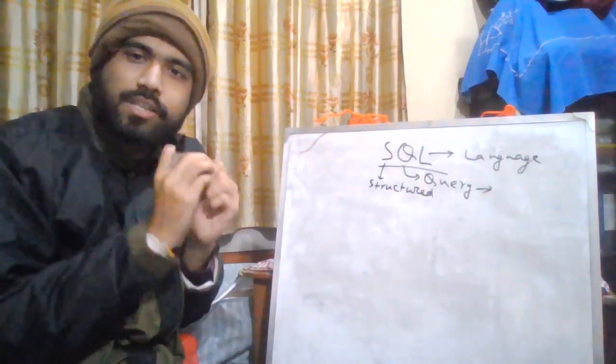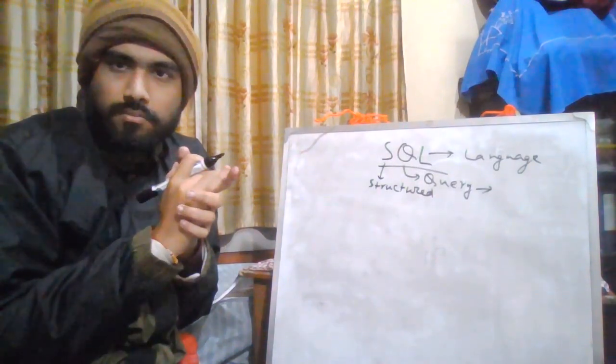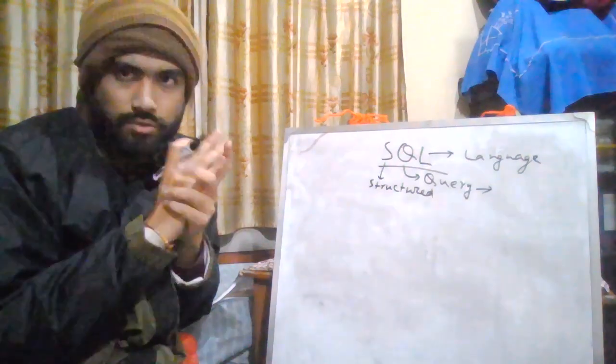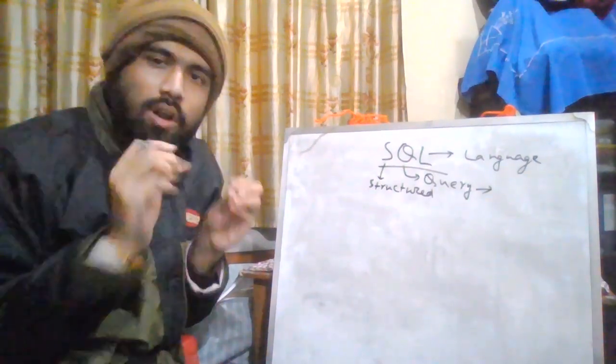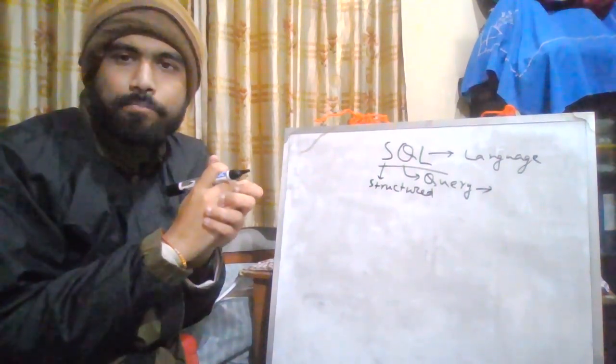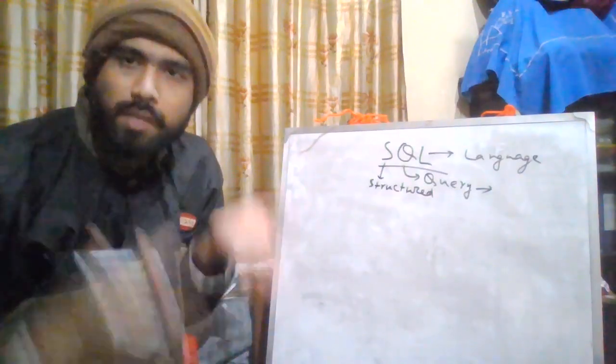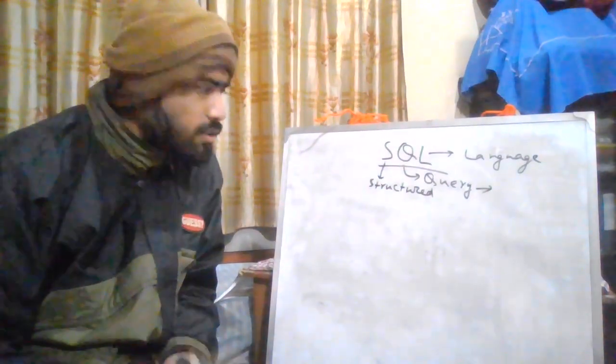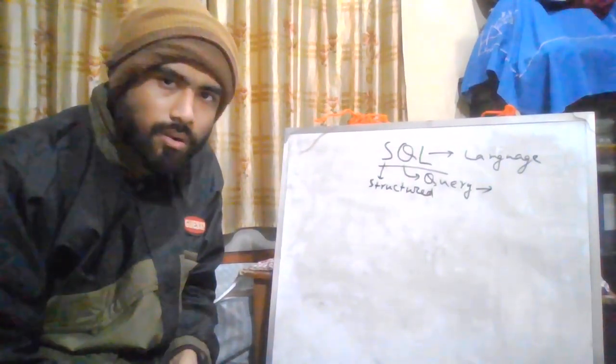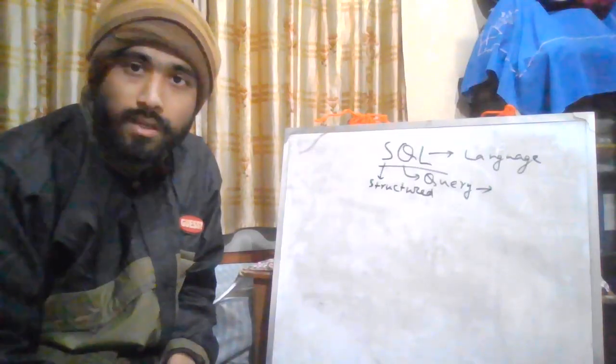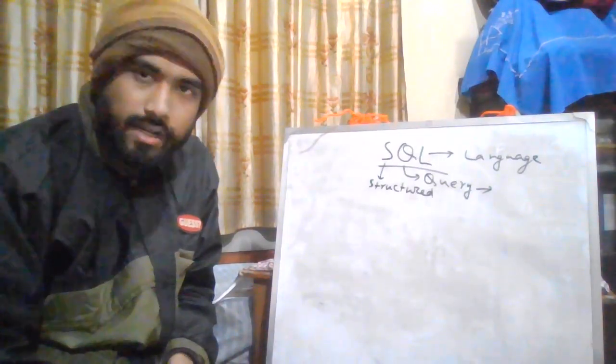A table consists of columns and rows. All columns have their associated names, and under the columns we have multiple rows, isn't it? So this is the basic structure of a table and database.